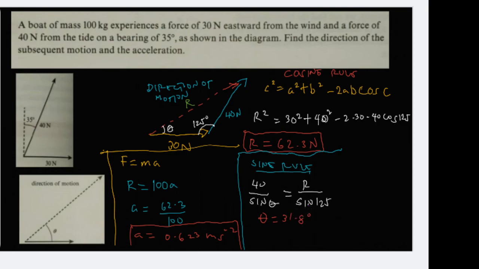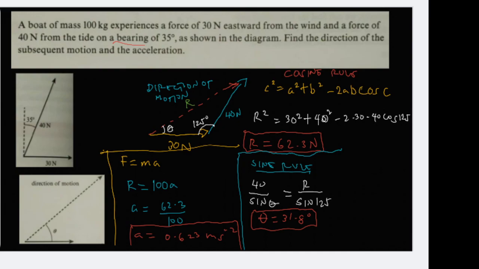So this will be our theta. But this is not yet the final answer, because as I said, the direction of motion was expressed in terms of bearing. So when we write our final answer for the direction of motion, it must also be in terms of bearing.